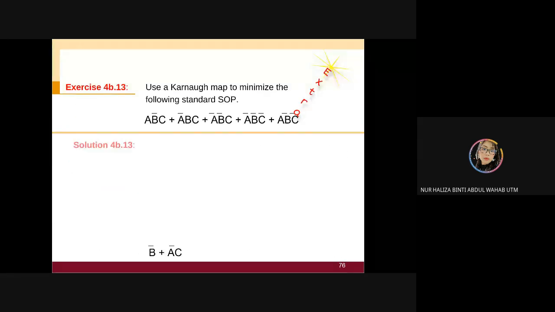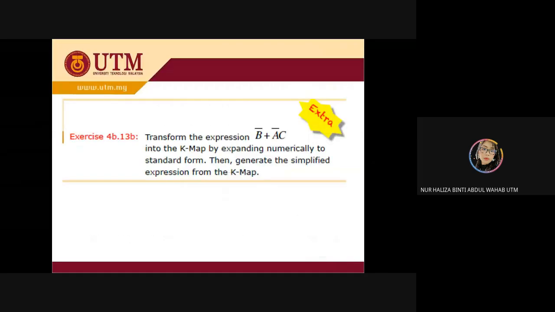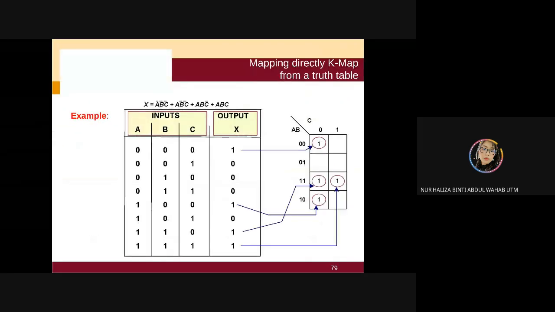Okay, that is what you covered last time. And in the video, I already showed you how you can convert from your truth table to your K-map. And from your K-map, you can also come up with your truth table.